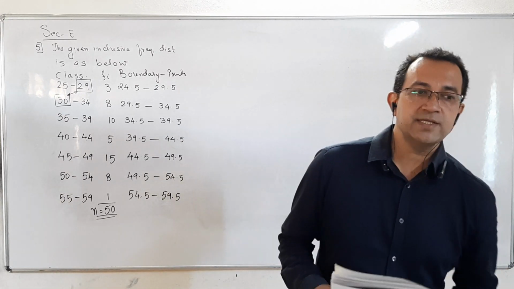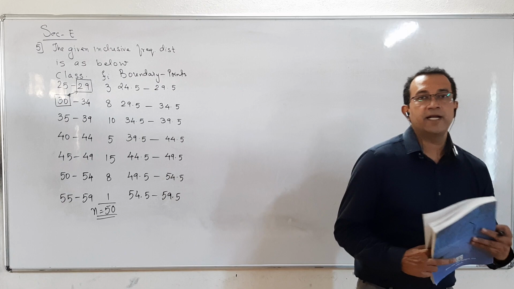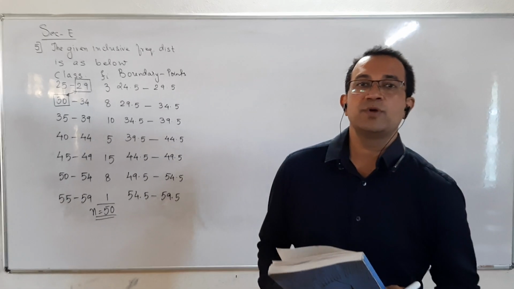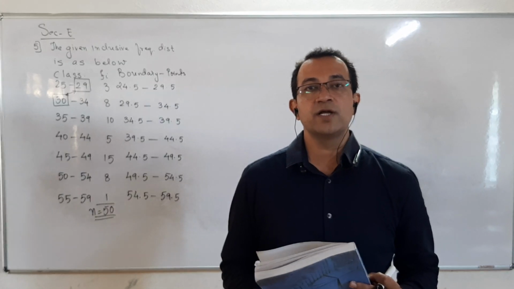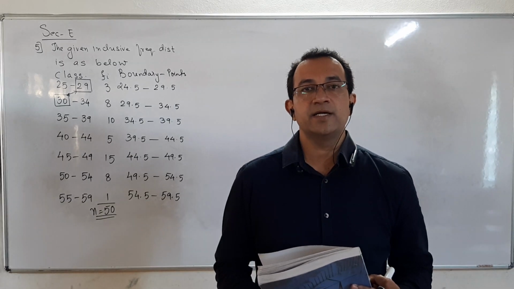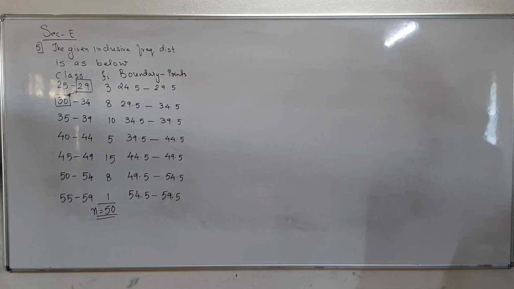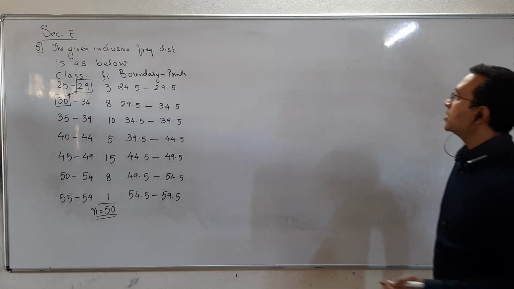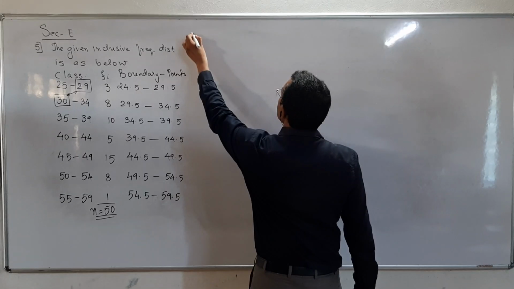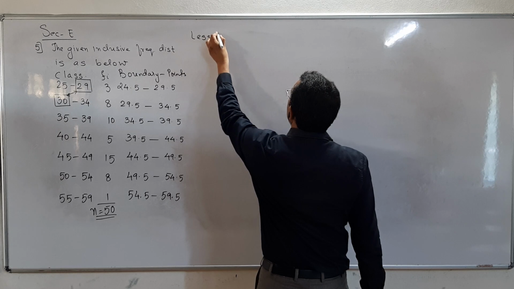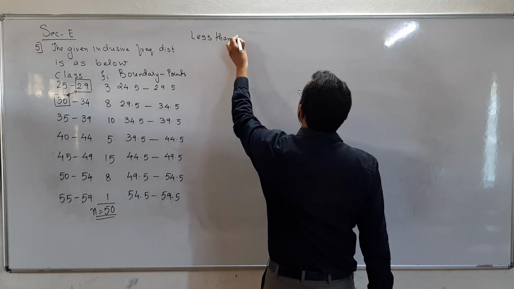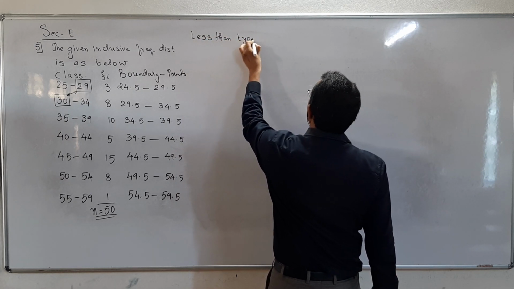As all of you know, there are two types of cumulative frequency distribution: one is less than type and the other is more than type. First I am writing the less than cumulative frequency distribution.